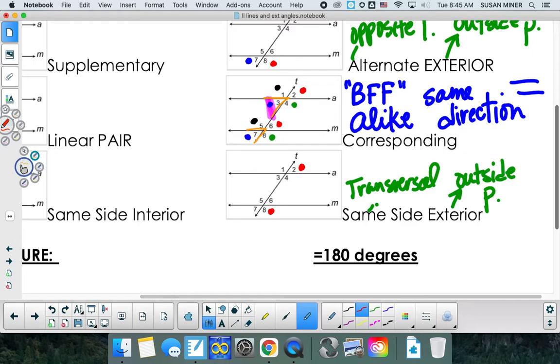They are on the same side. They're both on that right-hand side of the transversal. So that would be an example of one set. And another set of same side exterior would be 1 and 7. They're outside the parallel lines and they're on the same side of the transversal. And remember, same side angles are supplementary. Their degrees add up to 180 degrees, and we call that supplementary.